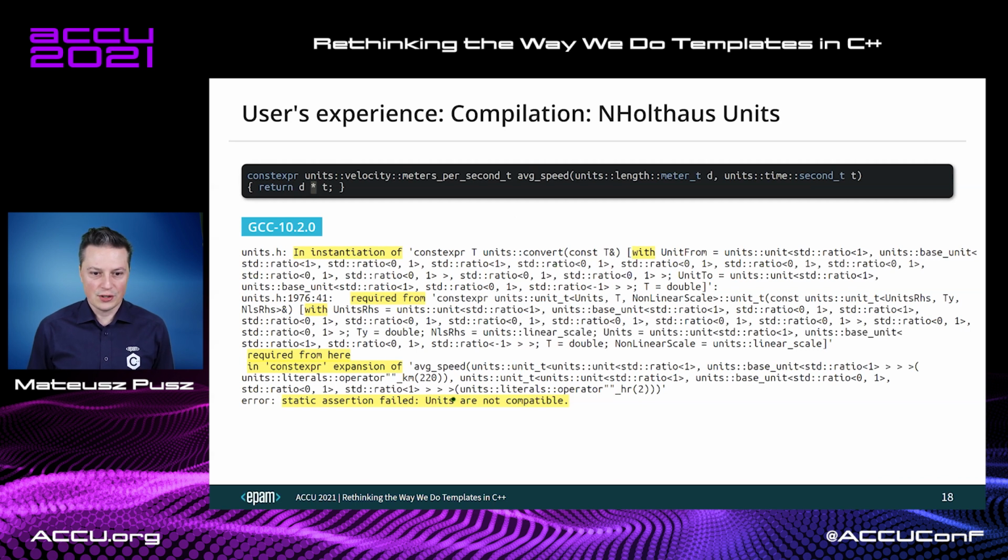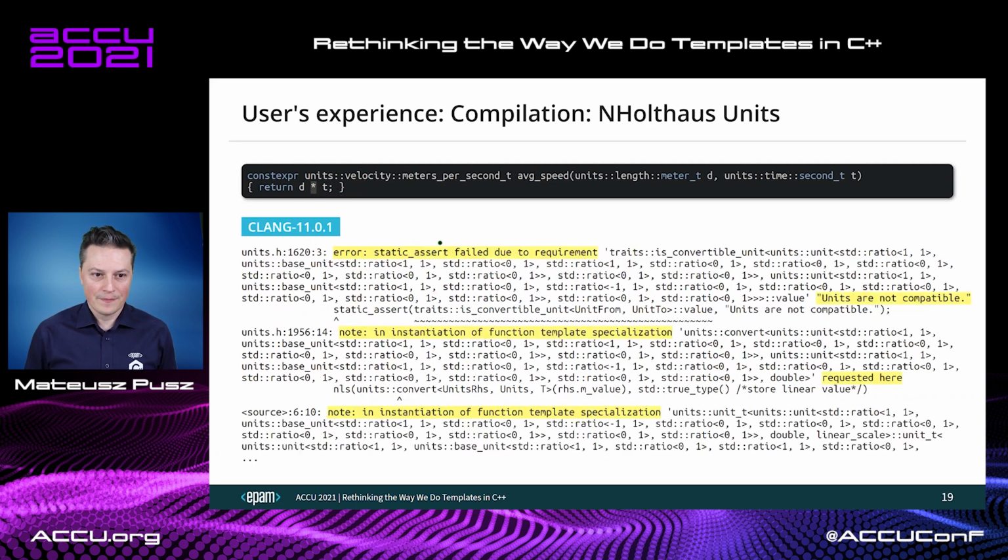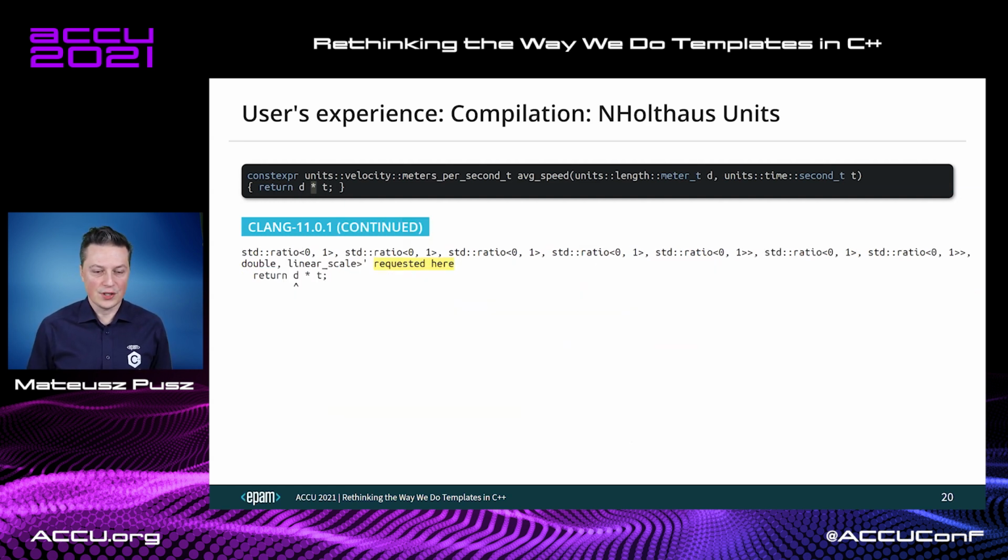We have a static assert, units are not compatible, but still it's not that easy to understand what is the cause of this static assert to happen. In Clang, it is similar. Static assert failed due to requirement, units are not compatible, and there is some information about the specialization instantiation of is convertible unit trait. So a bit more context, but still not easy to read.